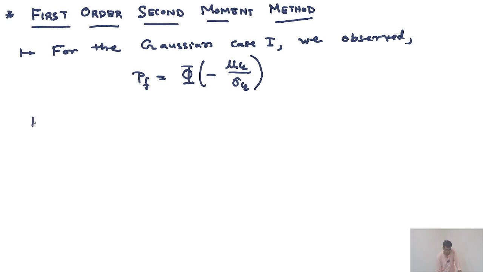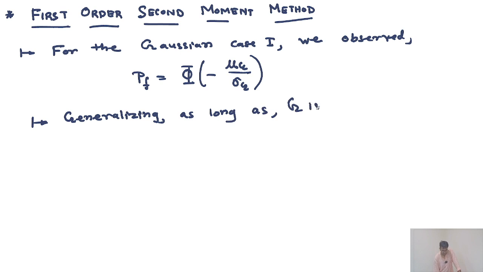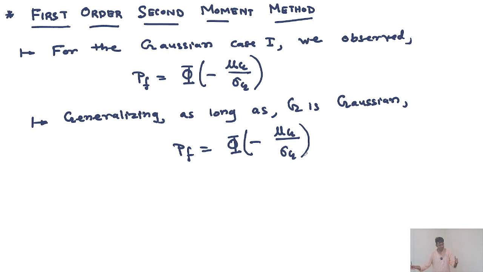Okay, so generalizing, as long as g, and g is my limit state function, is Gaussian, Pf is equal to capital phi of minus mu g by sigma g. And this is kind of obvious, right?